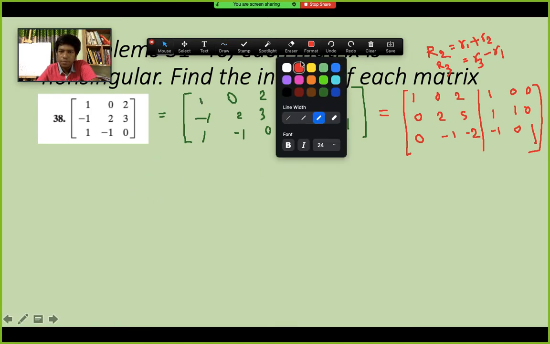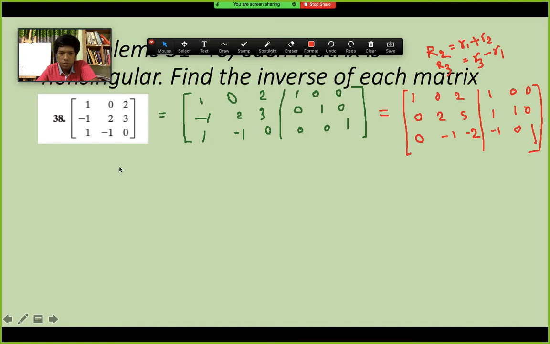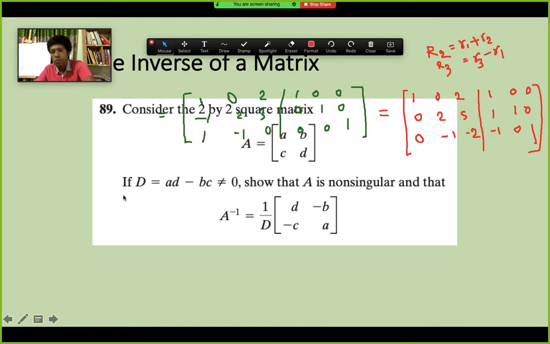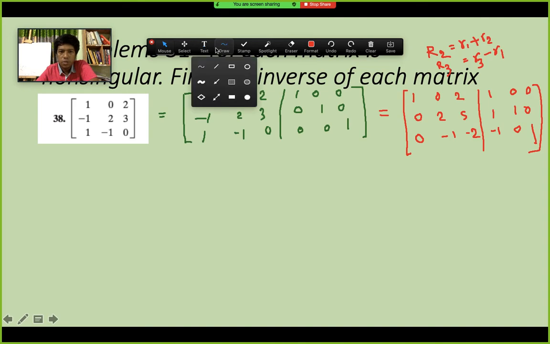There are some other methods also. What else can we follow? We can get a 0 here. What we need is a 0 here, 0 here, 0 here, and 1 here.